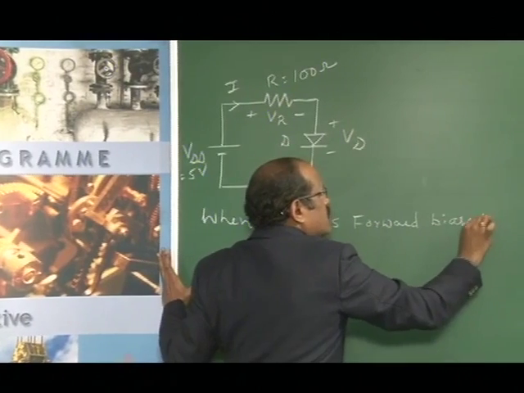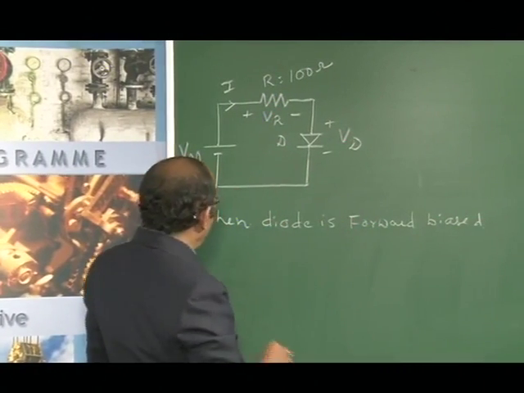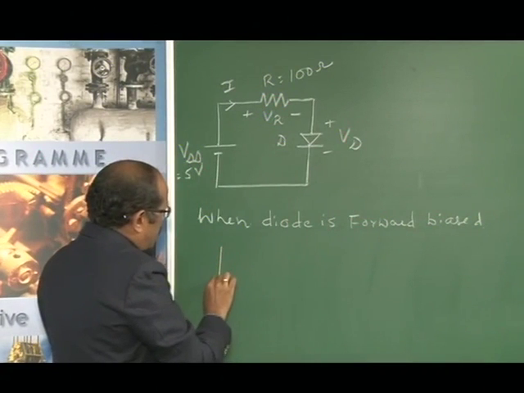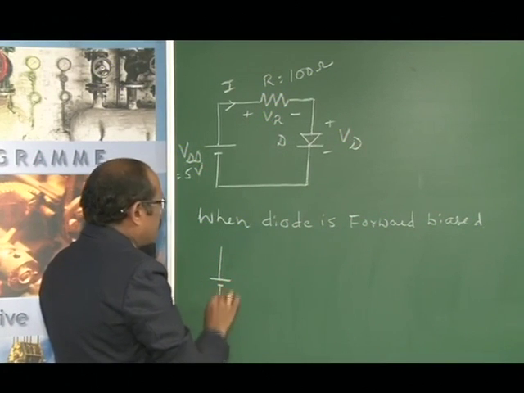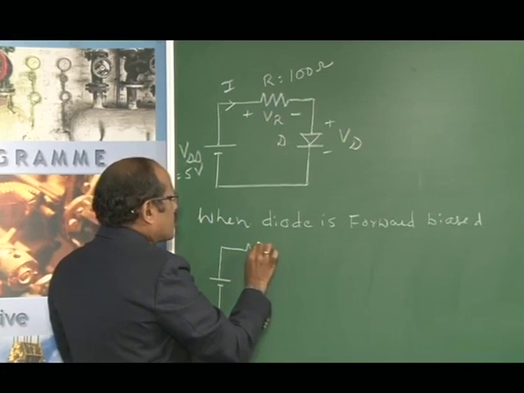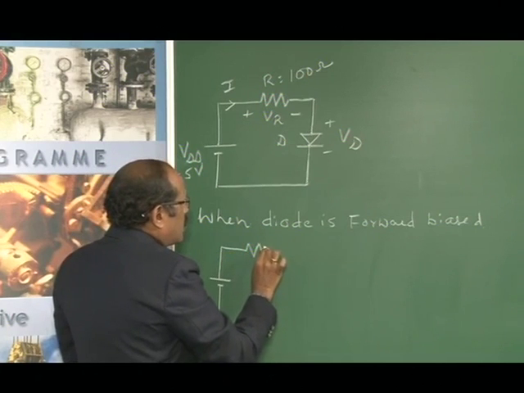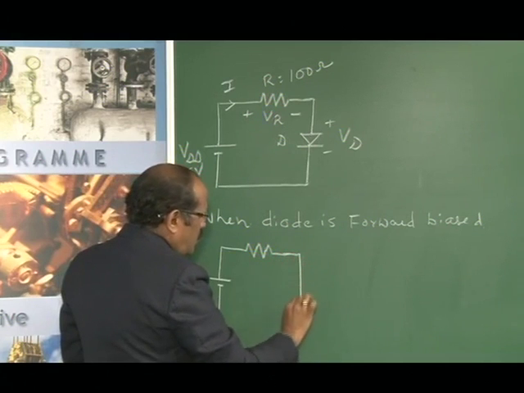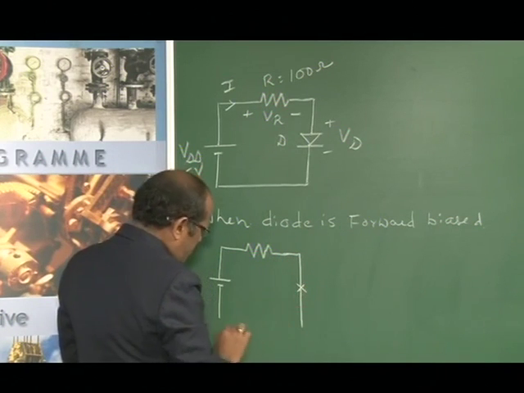what happens? If you draw the equivalent circuit, this particular circuit looks like a DC supply in series with a resistance, and then we have a conducting diode here.